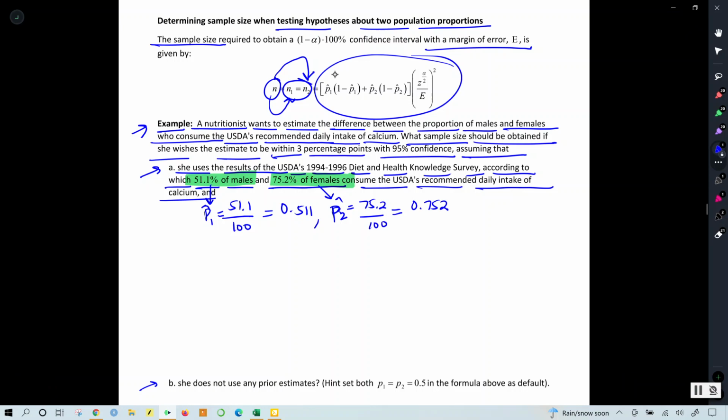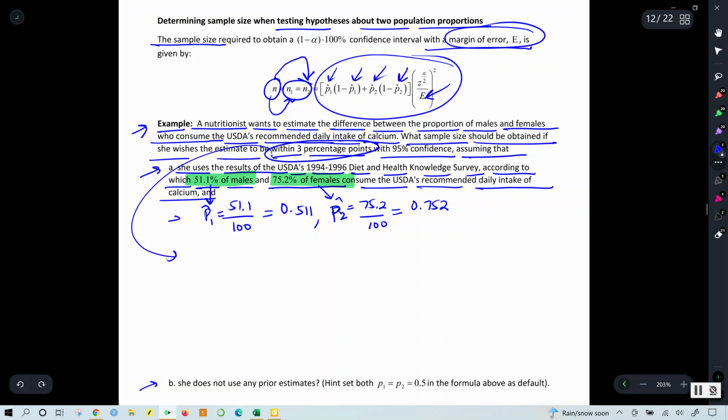So we have our P1 and our P2 that we're going to need in the formula. What about E? E is the margin of error. We want to be within 3 percentage points, so the error is 3 percent, or 0.03.